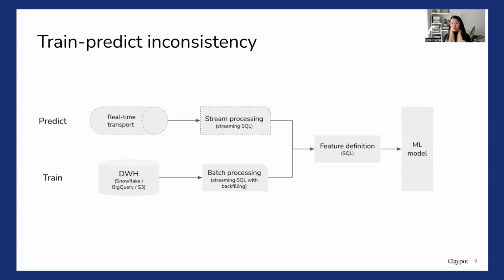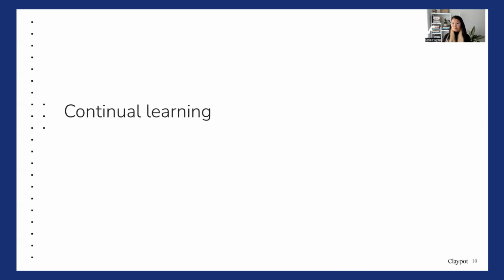And if we want to generate data for training, we can apply the same feature definitions through a backfill process, so that we can compute these features for historical data. That way we can ensure consistency between train and predict. It's a very common approach for feature stores, such as Feature Form and Tecton.